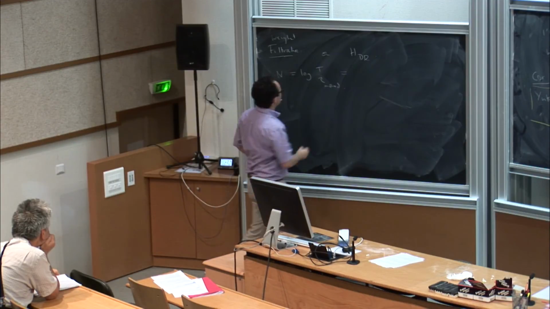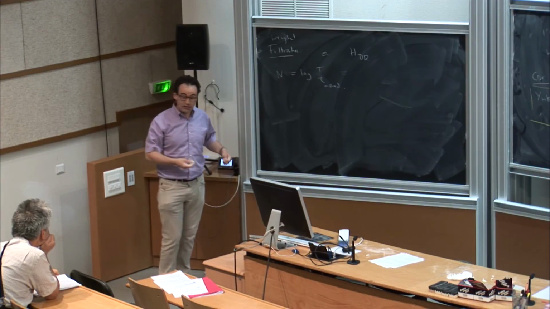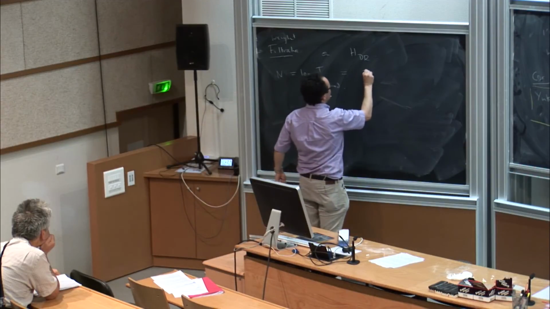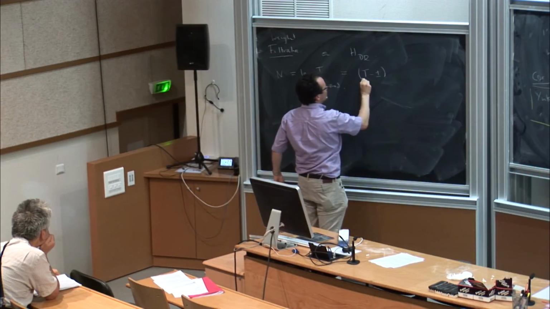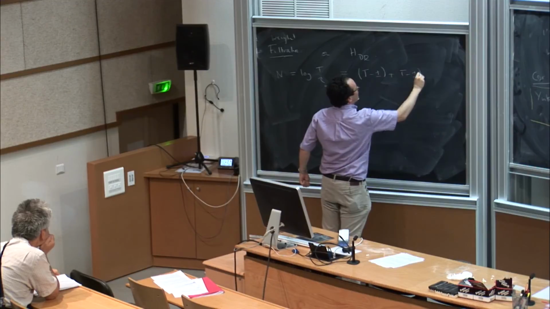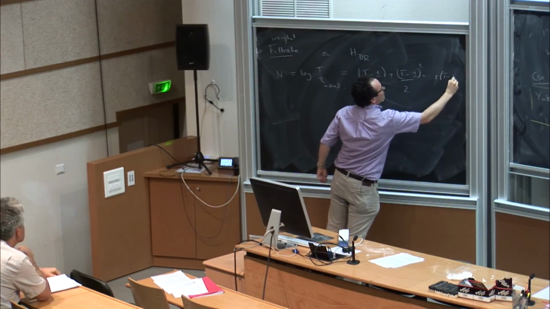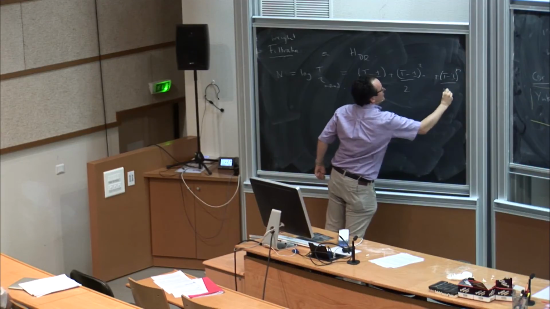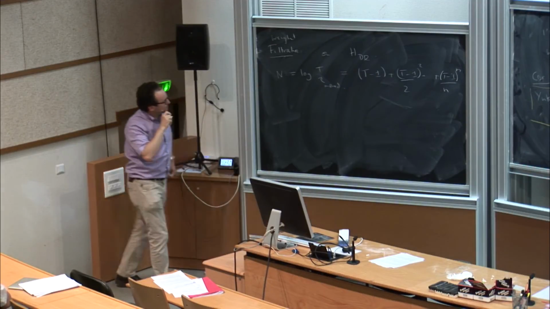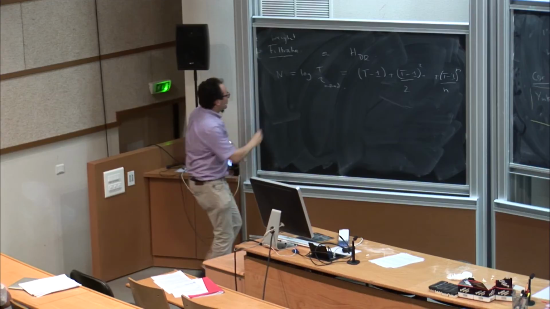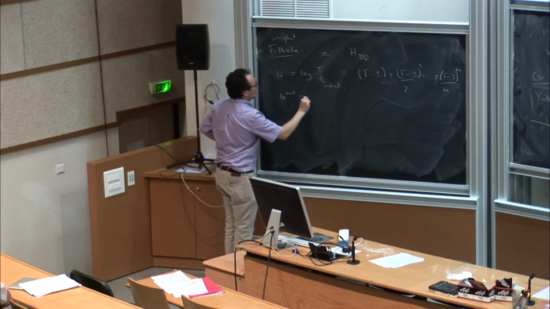That makes sense because of this unipotency property. So it just means I take T minus the identity plus that squared over 2, and so on. And it stops at the nth stage because of maximal unipotency. So this is nilpotent of order n plus 1.